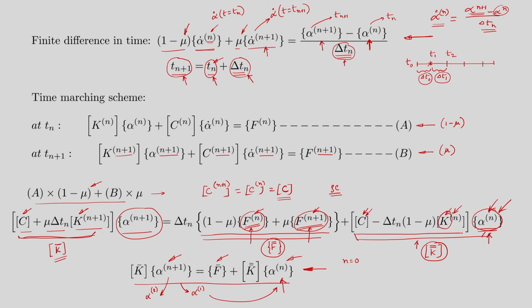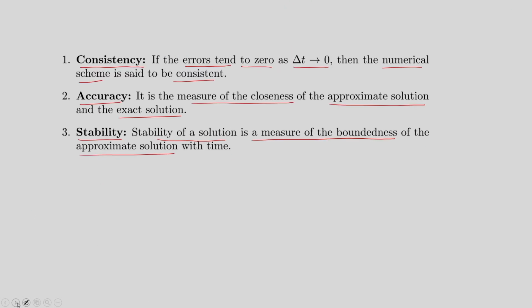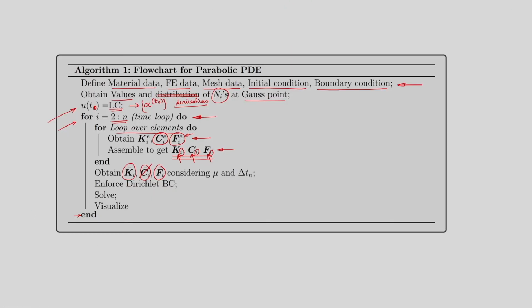And the whole part here, delta t times this, we denoted by F bar. So, K bar, K double bar and F bar are the three things we need to calculate from K and C, considering mu and delta t, because those expressions contain delta t n and mu.